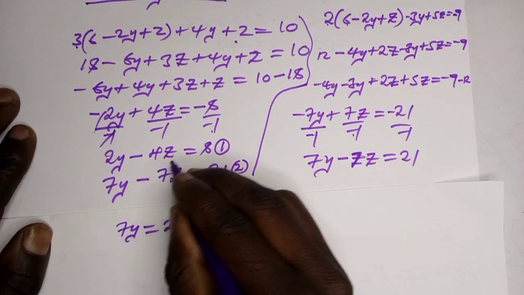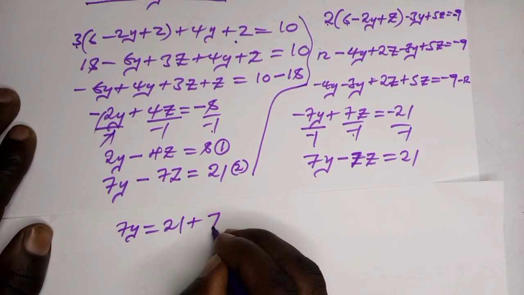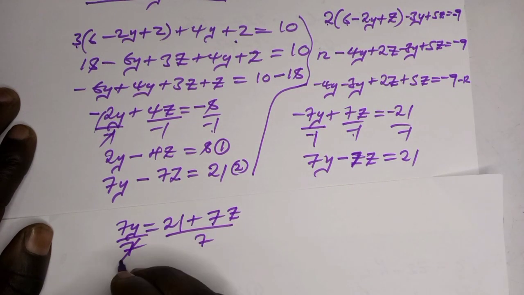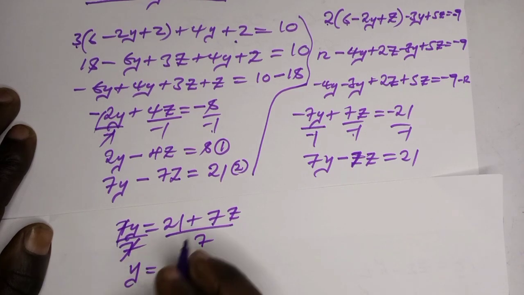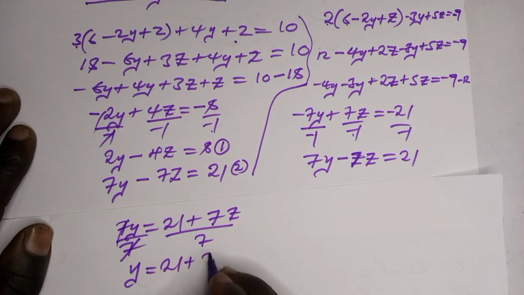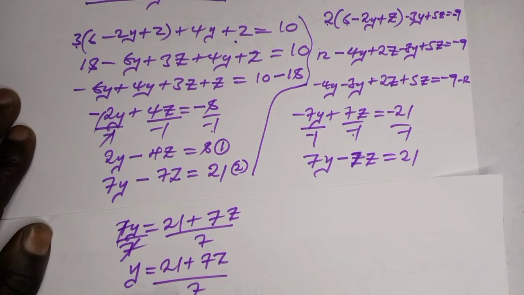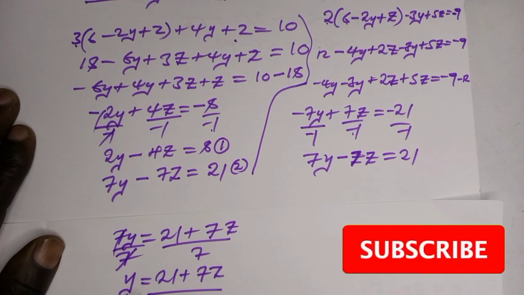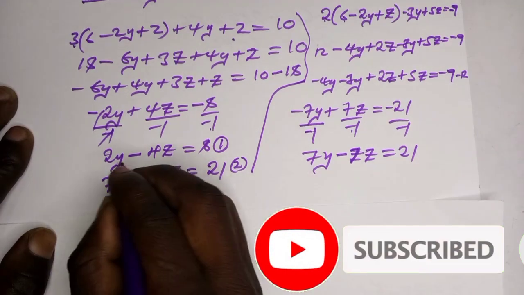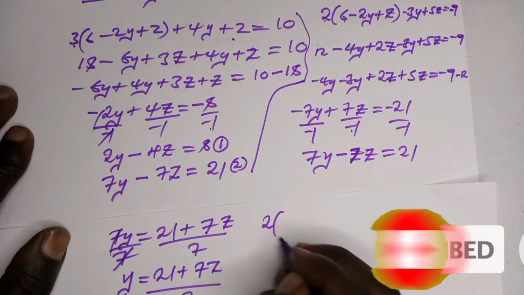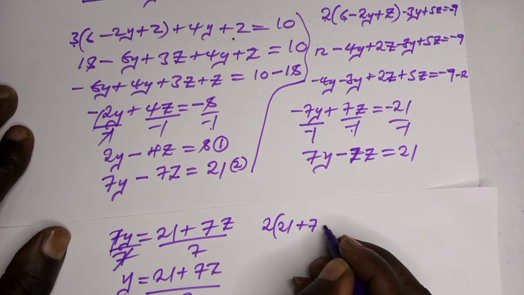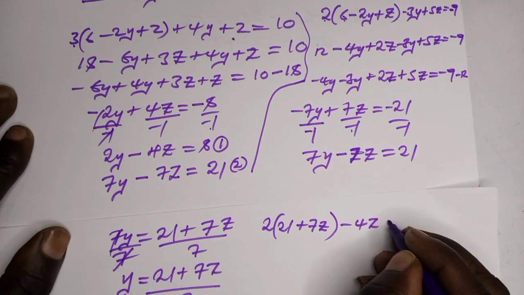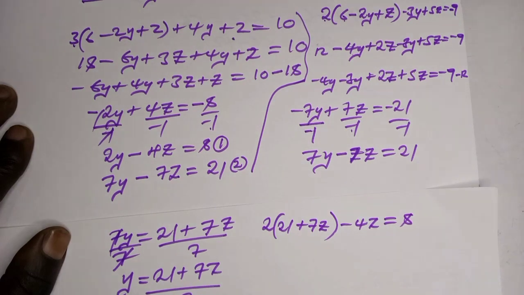When 7z crosses the equal sign it will be plus 7z, then divided by 7, so y equals 21 plus 7z over 7. We have to substitute where there is y. So we take the first equation: 2 open 21 plus 7z over 7 in the brackets, then minus 4z equals 8.